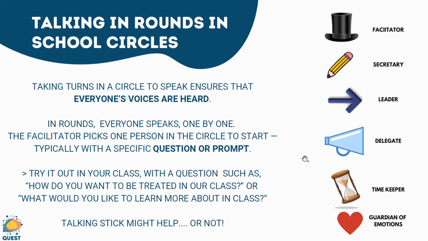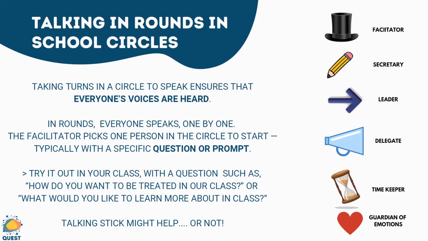With students, it's interesting to have objects that clarify the different roles. I explained to you that there are two important roles, the leader and the delegate, but also the facilitator and the secretary. Some schools use objects to identify those roles in the circle.